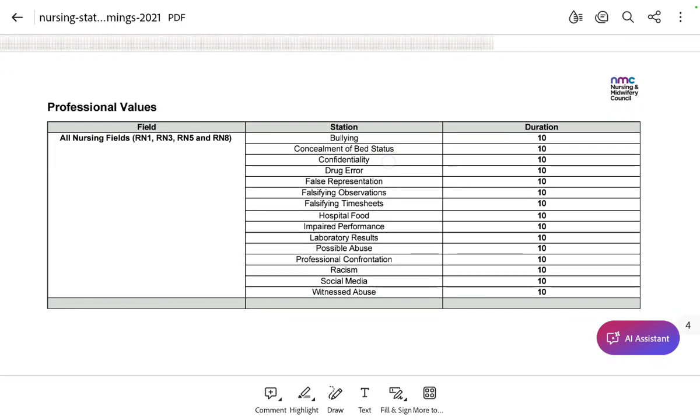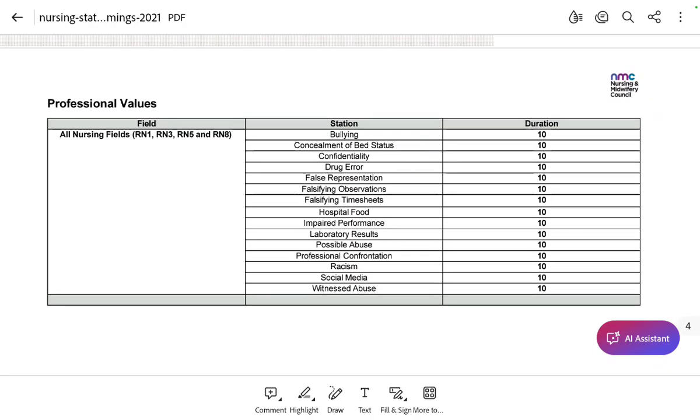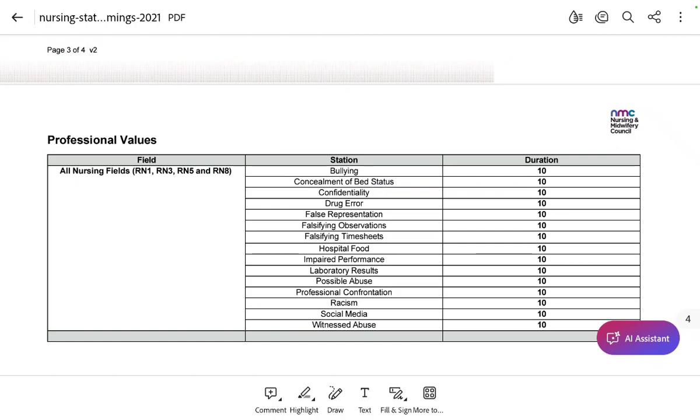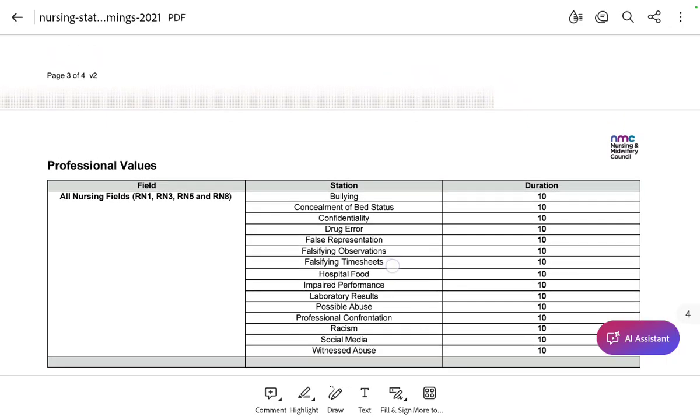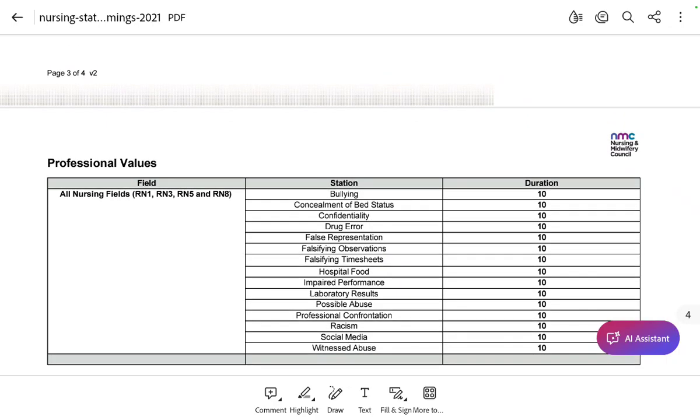So your answer will be basically that you shall first recognize that this is bullying, and then you should identify that your colleague will not be able to practice safely if he is exposed to such a situation, and then you would take actions.